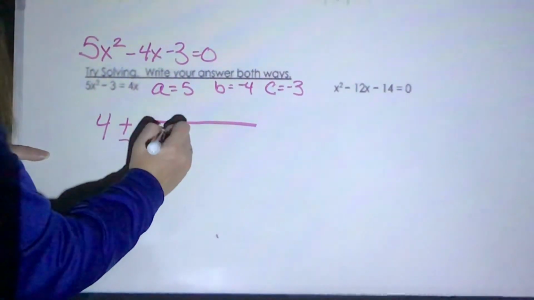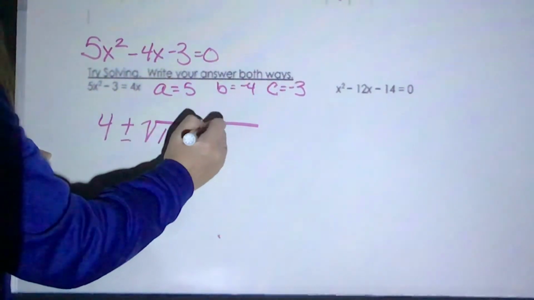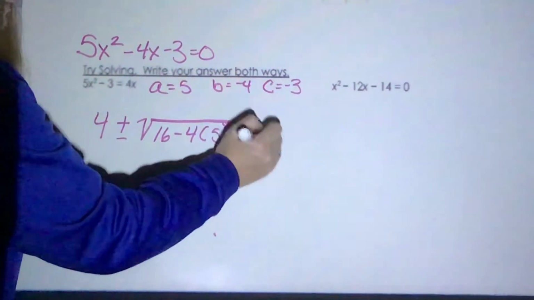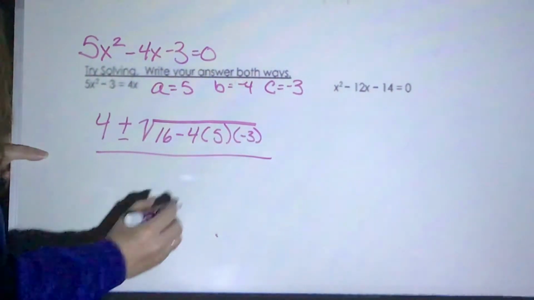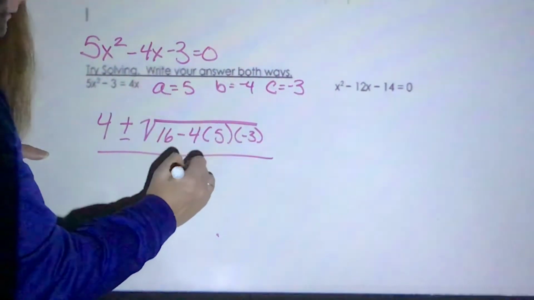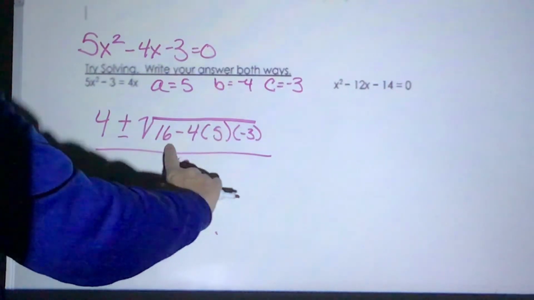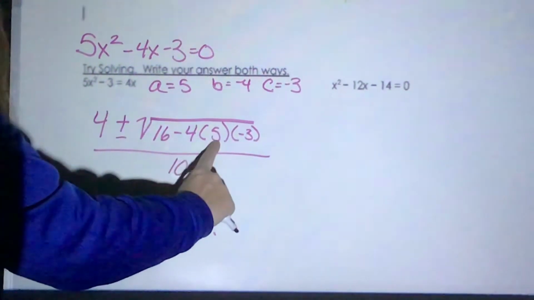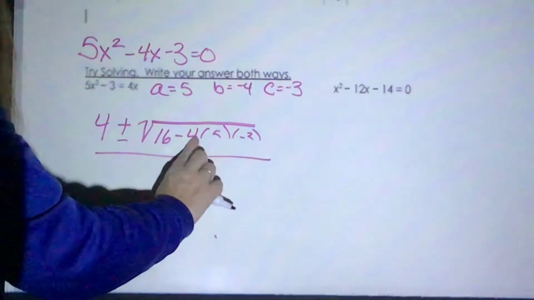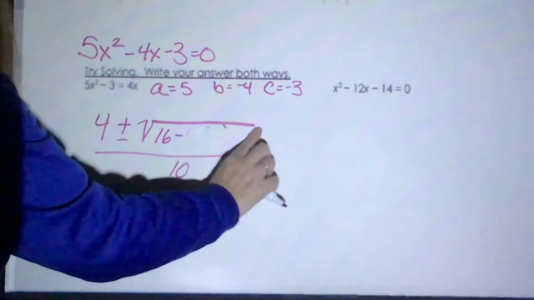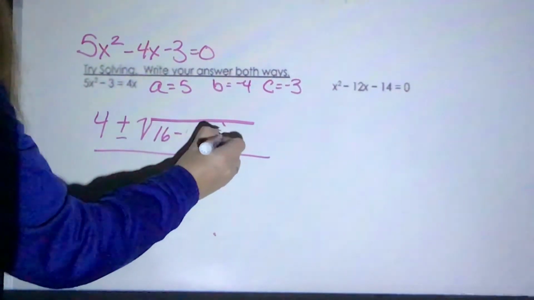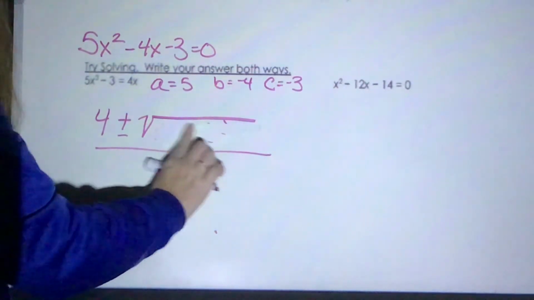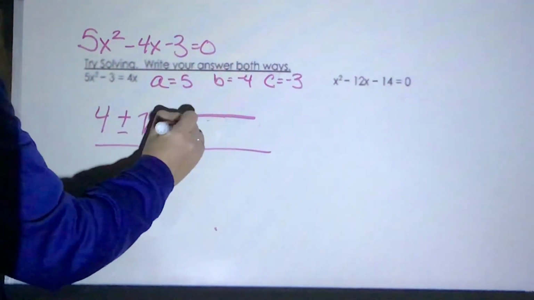Negative 4 squared would be 16, minus 4 times a times c, all over 2a's, which would give me 10. So for the math part, I'm going to do this part first. This would be 20 times negative 3 would be negative 60. Negative 60 would be plus 60, so I would have 76 inside my square root.